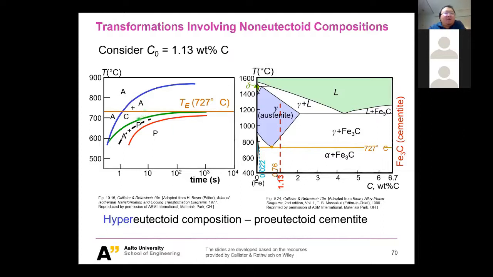But afterwards, when you go to the solid phase transformation, it will take ages if you still stay at 727. Of course, if you go down a little bit, you would have very fast pearlite in the end. So this is how the isothermal phase transformation diagram is applied for a hypoeutectoid composition.